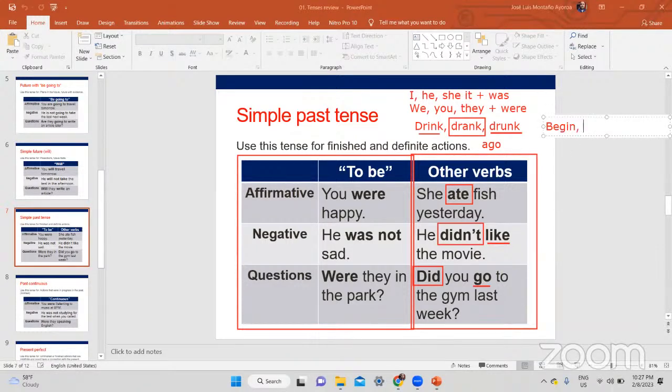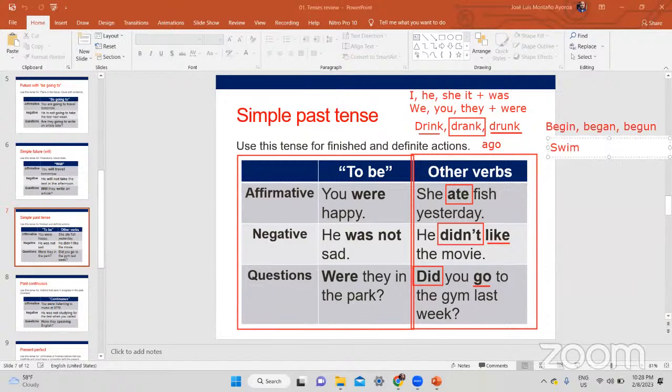What is the past of begin? Began, right? And what is the past participle? Begun. So here you have begin, began, begun. Drink, drank, drunk. And you have more.